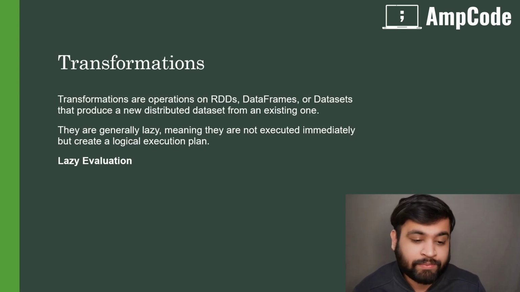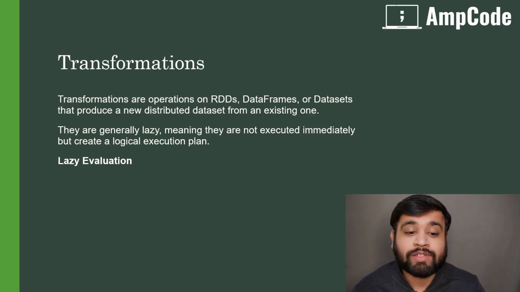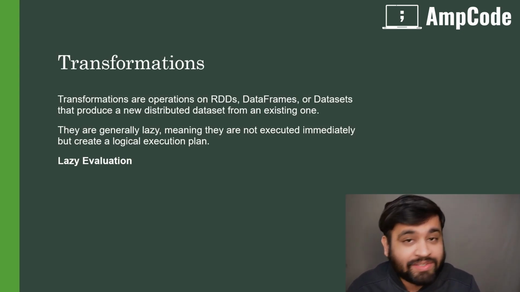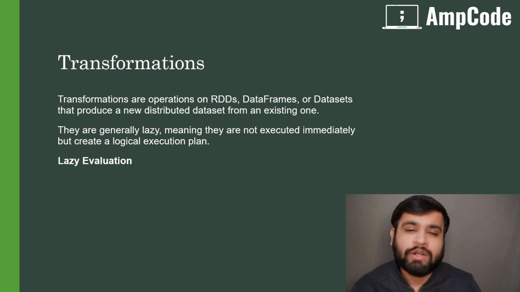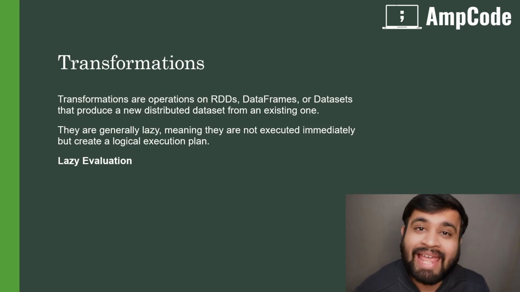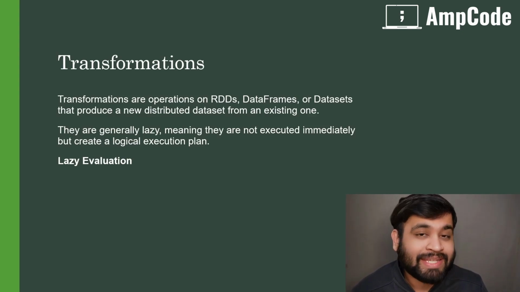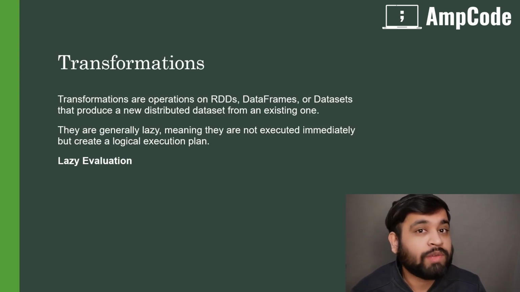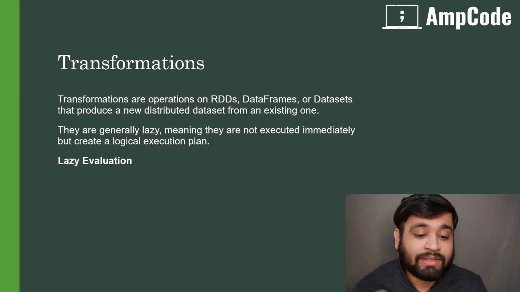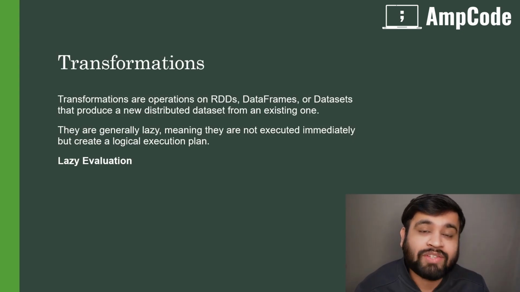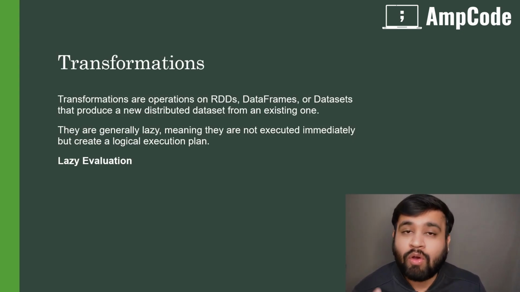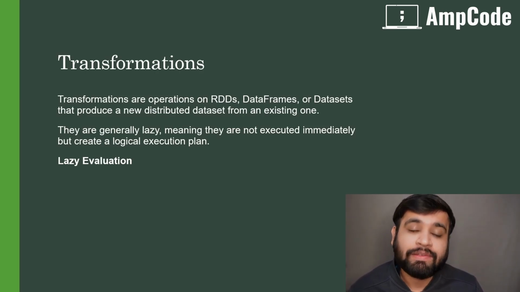Lazy evaluation will only create a logical execution plan, and Spark will provide us the most optimized execution plan to kick off when we call an action. So transformations do not do any computation, they just create a logical plan for your execution, and once you call an action, then all the groundwork and computation happens on the Spark cluster and you get the result.